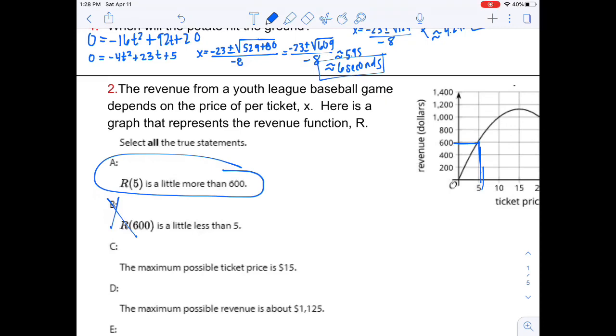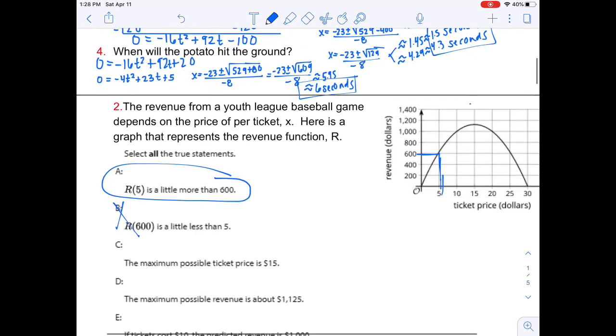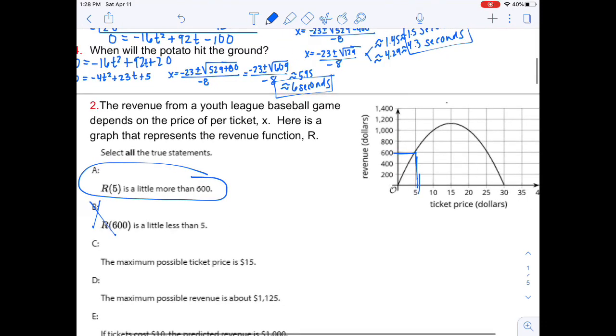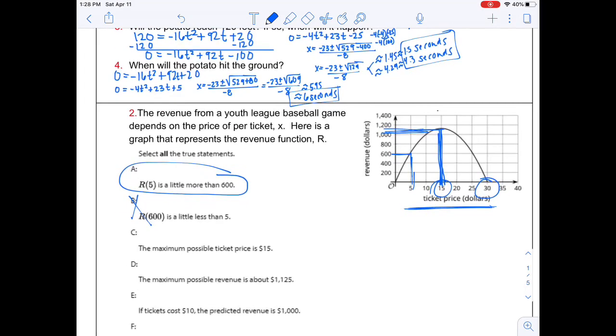The revenue is more than that at 5 tickets. Letter C, the maximum possible ticket price is $15. Is this the maximum ticket price? No, that's the maximum number of dollars being made. The maximum ticket price is actually going to be $30. So C is not correct.